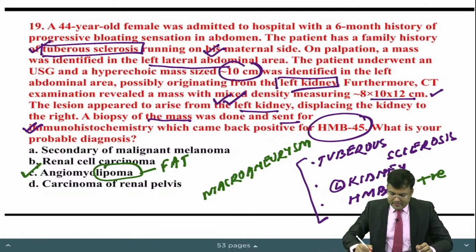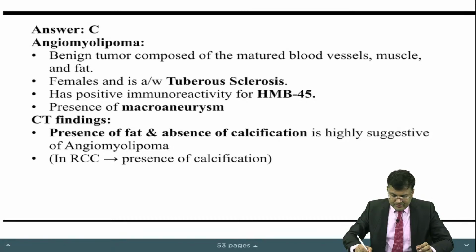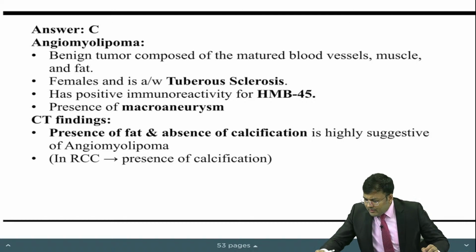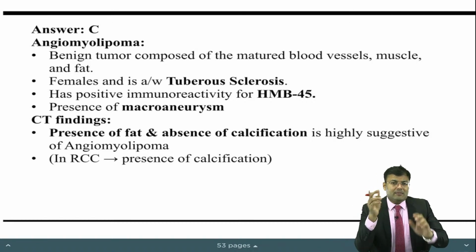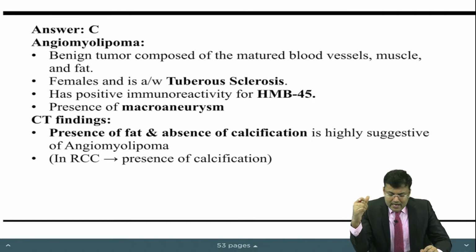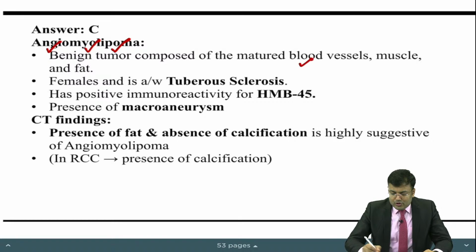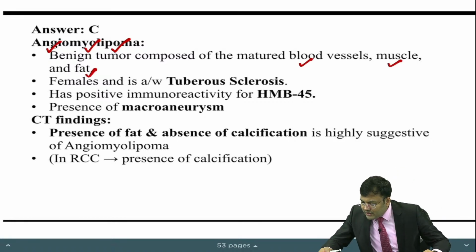Okay. Next question. So let's discuss about angiomyolipoma. This is very, very important, and many times this question was asked. This is benign tumor, and if you break it, this is angio plus myo plus lipoma. So there is matured blood vessel, muscle and fat. It is associated with tuberous sclerosis. Clear?